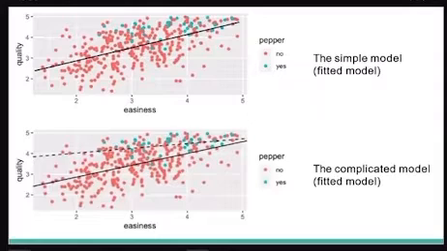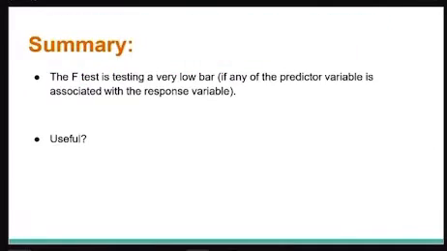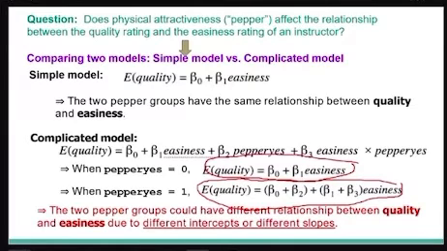No, this is when it is set to 1. Let me take you back. We have when it is set to 0, which is this one. When it's set to 0, we're talking about the first group, which is Pepper, no. When it's set to 1, you're referring to Pepper, yes.